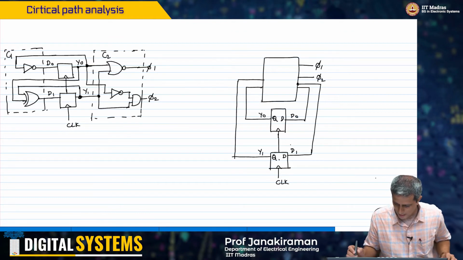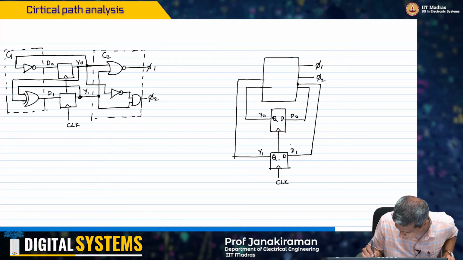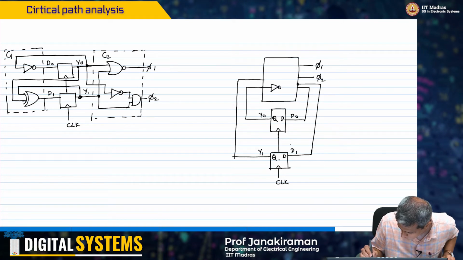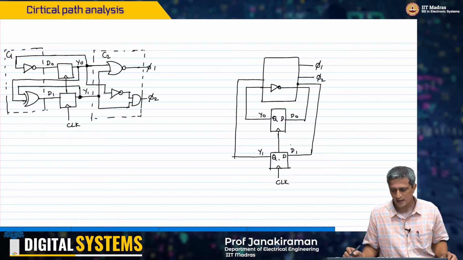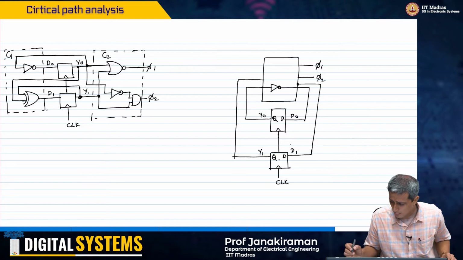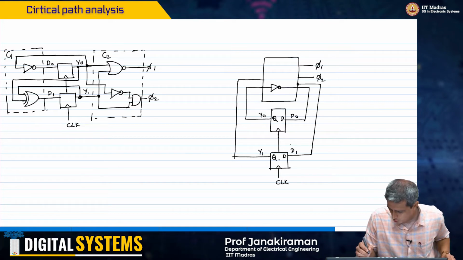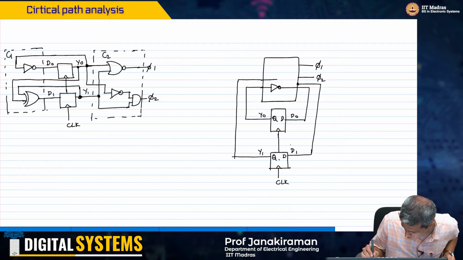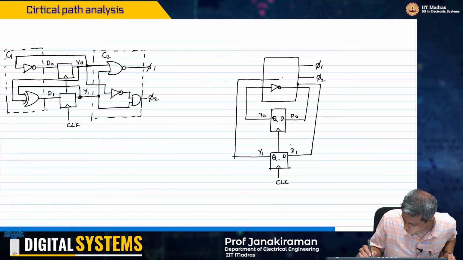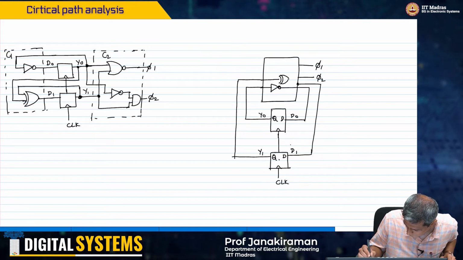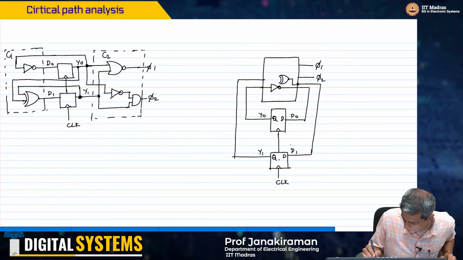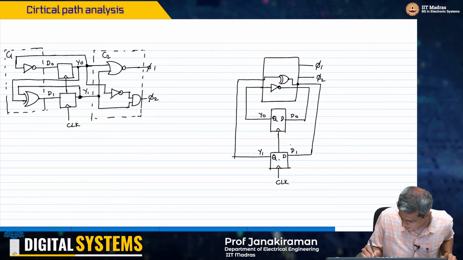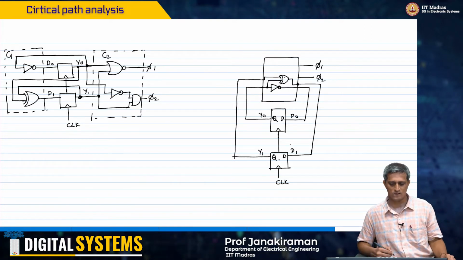So what am I going to do? I'm going to first simply put an inverter between y0 and d0, and then I'm going to put another XOR gate, which is basically this one and this one.